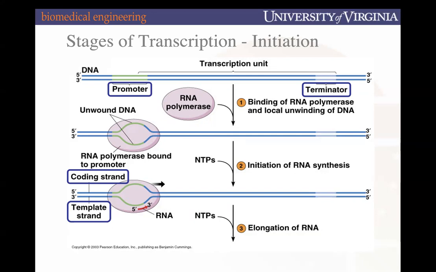So some of the key pieces of transcription: we have a transcriptional unit, which is one gene. In eukaryotes, I should say, one transcriptional unit as designated here from promoter to terminator is typically one gene. In prokaryotes, one transcriptional unit does not equal one gene.